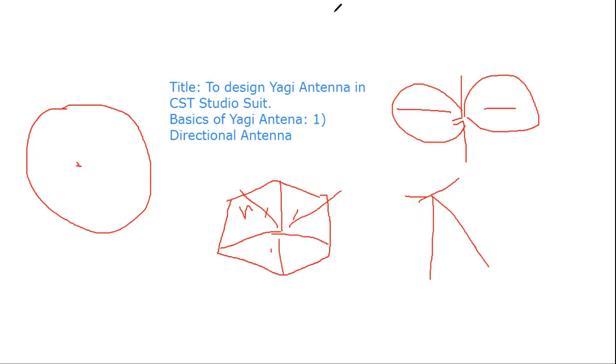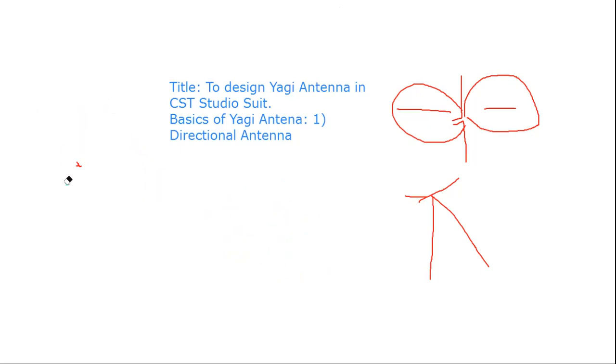So simply, I say that the Yagi antenna is a directional antenna, so it will radiate the power in a specific direction.